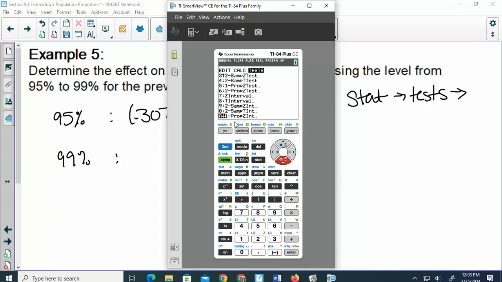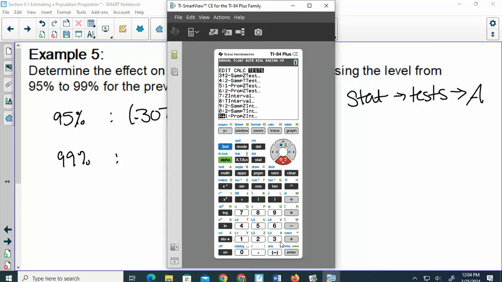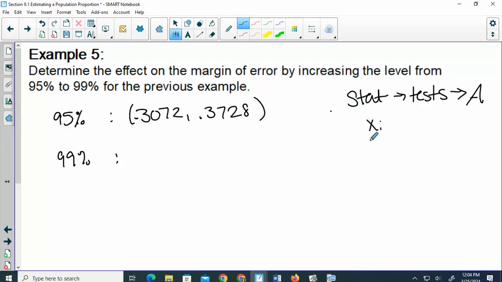We want letter A, 1 proportion Z interval. We had one p hat value. It's a Z interval because we're looking for Z values. Okay, so stat test letter A if you're jotting this down. Once you do that, it's going to ask us 3 questions: X, N, and our C level.